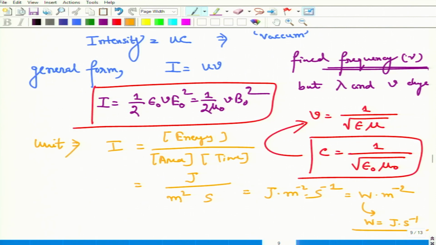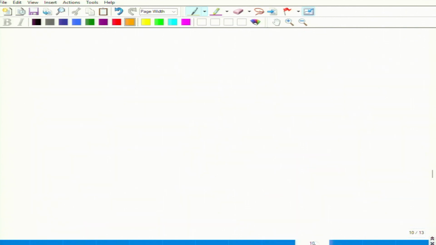The dimension: energy is M L square T to the power minus 2, area is L square and time is T, so it will be M T to the power minus 3. This is the dimension.